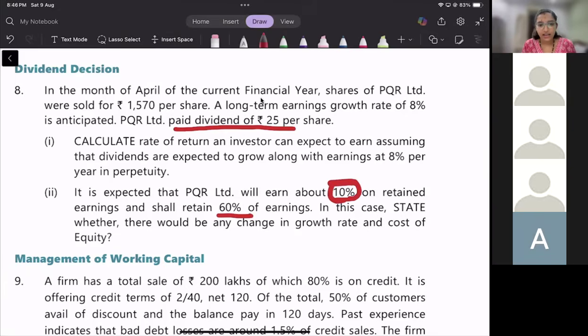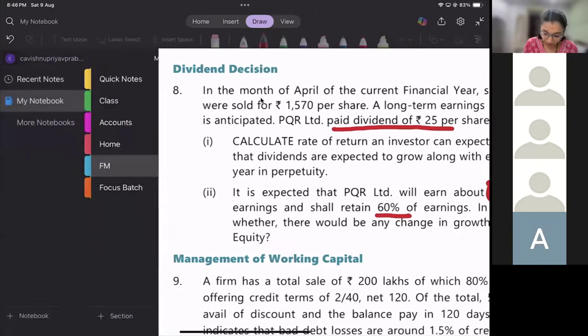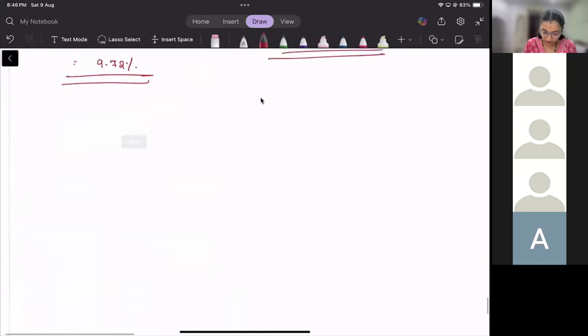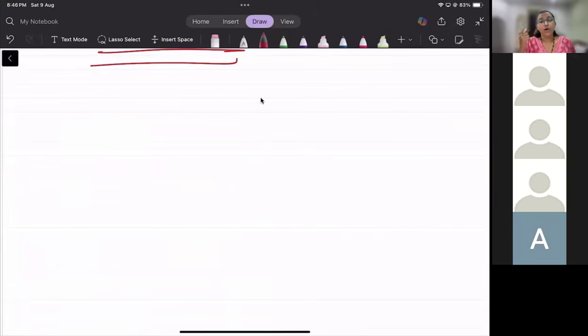So only our retained earnings percentage is changing. Hence, we have to find out what the EPS was in the previous case, and from there find out the dividend as per our new retention ratio, because ICA has assumed that the rate of return of investors remains the same and only the retention ratio is changing.